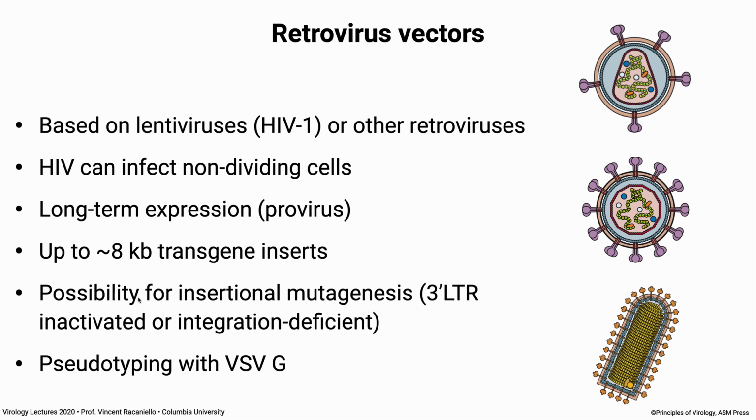However, you do have the possibility of insertional mutagenesis when they integrate near a gene, and for that reason we have made these inactivated LTR SIN vectors, or even ones that can't integrate. But in that case, of course, you're losing a great advantage. But you can make them safe without doing that. And we can pseudotype them with other glycoproteins like VSV-G, which gives them a broad host range.